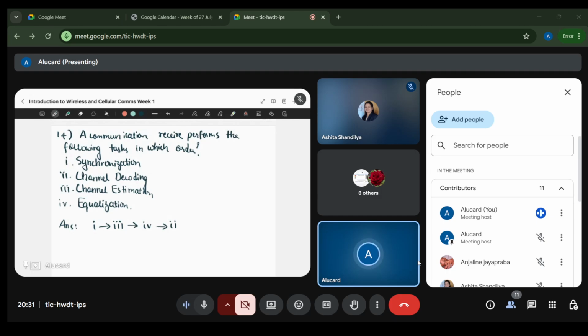Then you can use channel estimation to estimate what was the path loss, what was the time delay, all that. Nowadays, they use sophisticated machine learning algorithms to do it. They'll train on data sets and all.